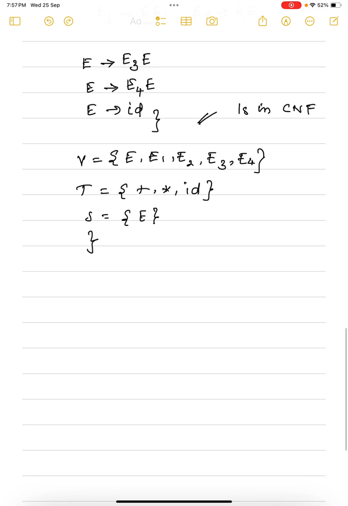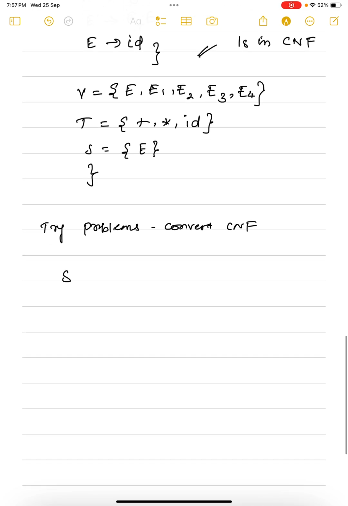You try for these problems. Convert the following problems to Chomsky normal form. S goes to ABA, A goes to AAB, B goes to AC.